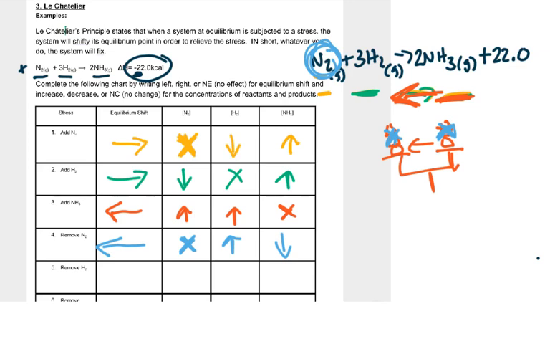Same thing with the H2. If I remove H2, that's going to make my reaction shift to the left towards the reactants, because I removed it, so now I need to fill that hole. That's going to make my ammonia go down and my nitrogen go up.